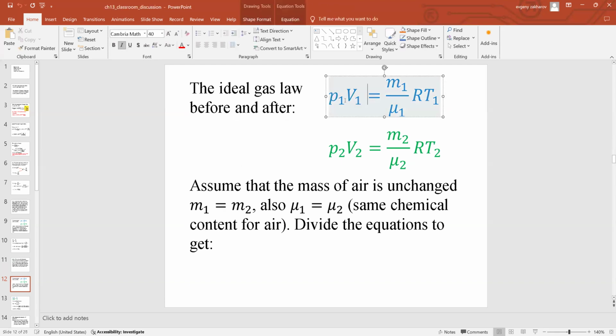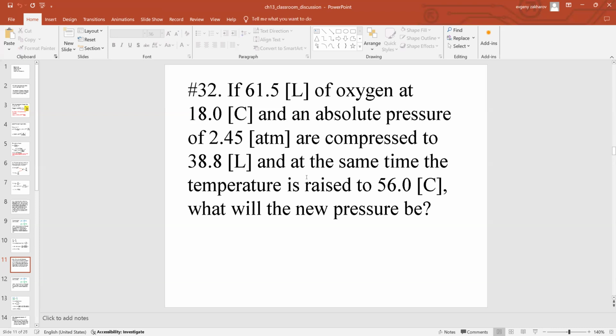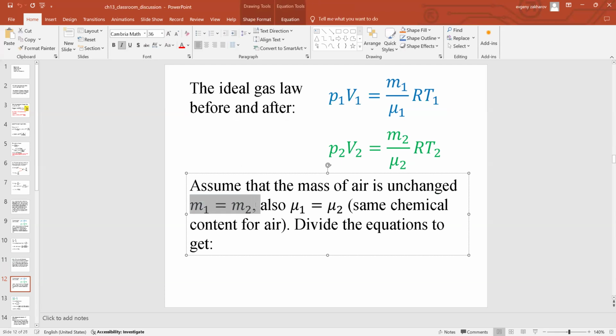And once again, this is your first condition. This is the second condition. And in here, mass is still unchanged. You have all sorts of compression, heating, but it's the same amount of gas in the system. So you say masses are the same, and it's the same air before and after.